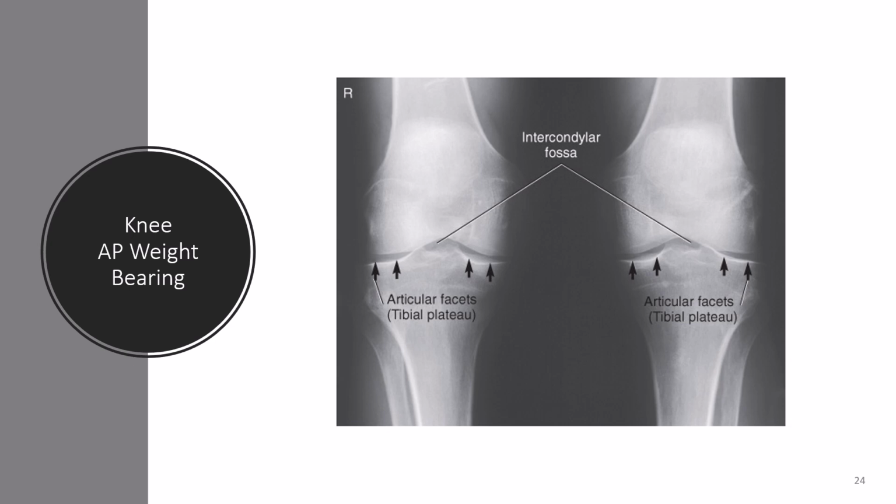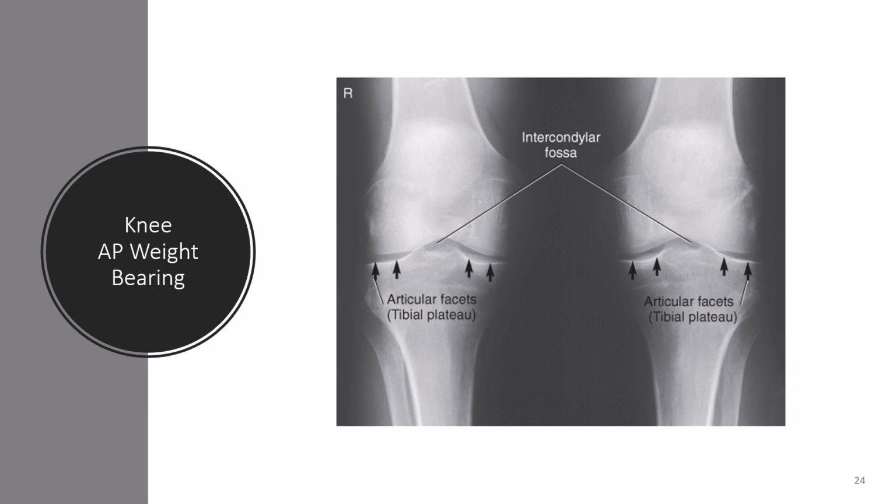Because it's under the patient's own body weight, that's typically what they like to see with ankles, knees, and hips a lot of times. So we've looked at the AP knee, both obliques, the 45-degree medial and 45-degree lateral oblique, and the lateral. The AP weight bearing was just another alternative that a lot of facilities do.